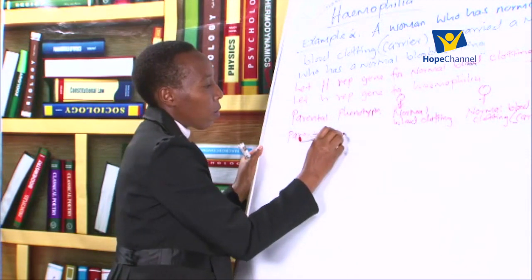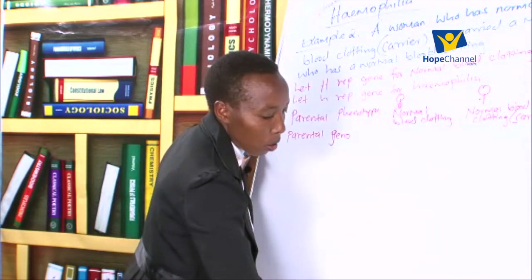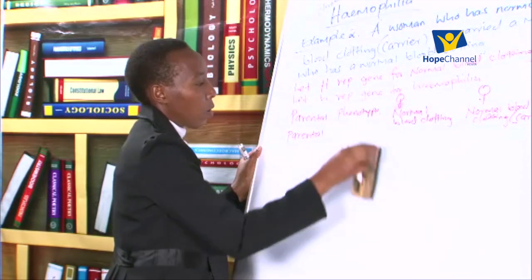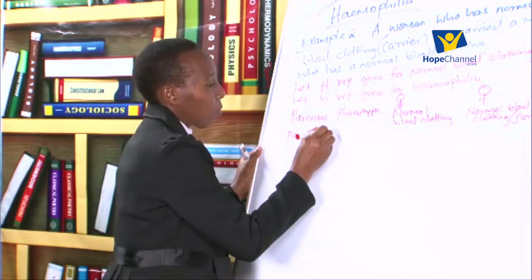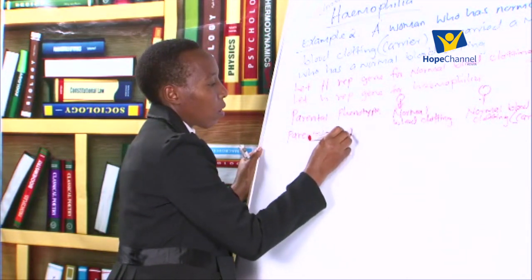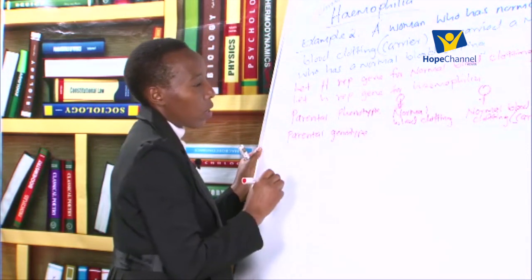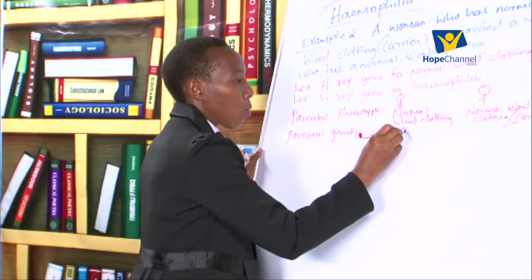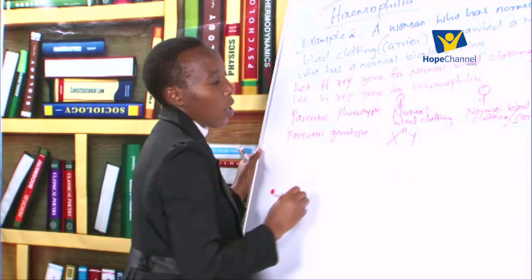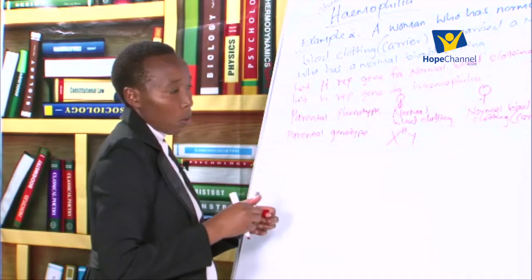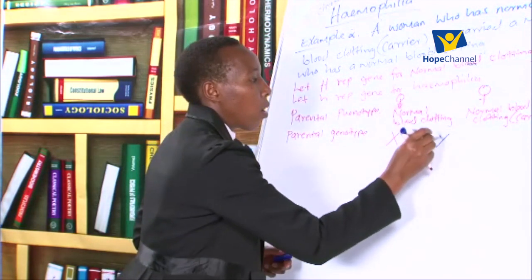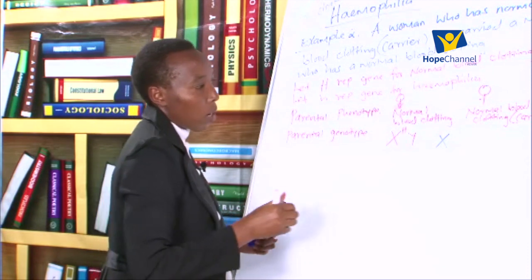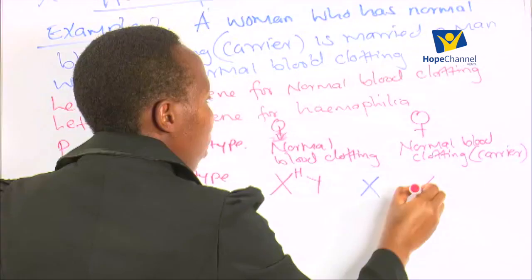Then we move to the parental genotype. For the man, who has a very normal blood clotting, it is XY. Then this person is crossing with someone who is also having a normal blood clotting, in this case a girl.